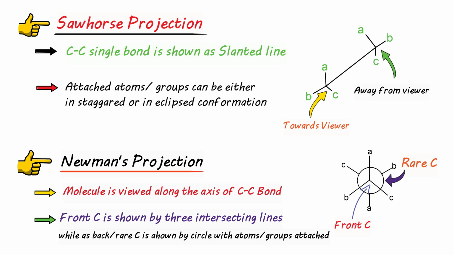I hope you understand it. In the next video, hopefully, we shall be talking about how we can convert wedge dash formula into a Fischer projection and vice versa. And then we shall be discussing RS nomenclature.